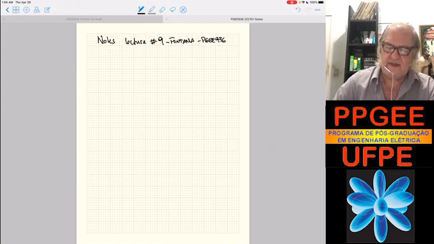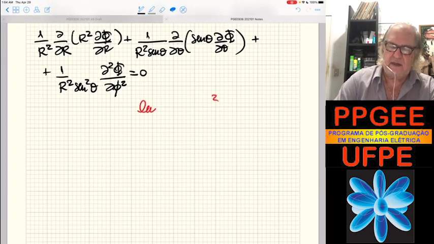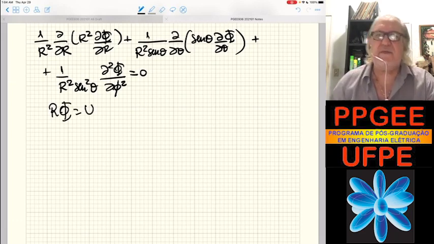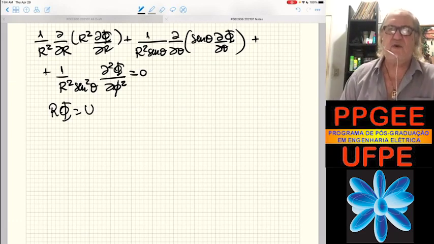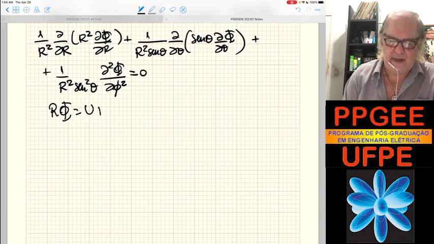Let's do some of this. We are assuming here that r phi equals, I'm going to drop the explicit coordinate terms, so it's just going to show the functions themselves, U times P of theta and Q of phi.